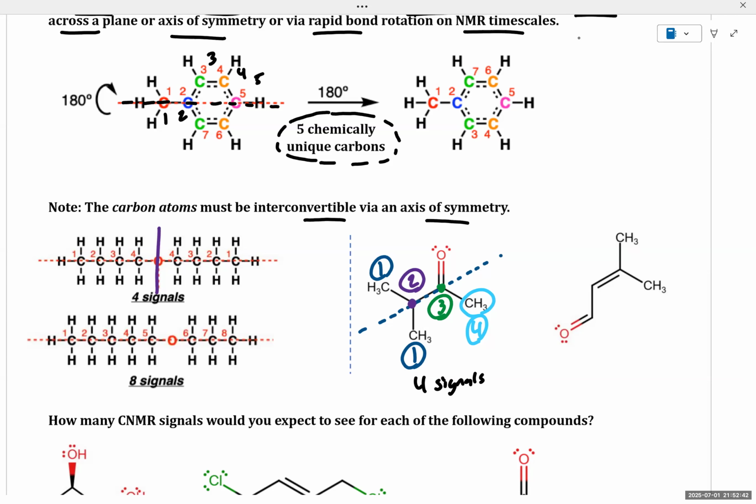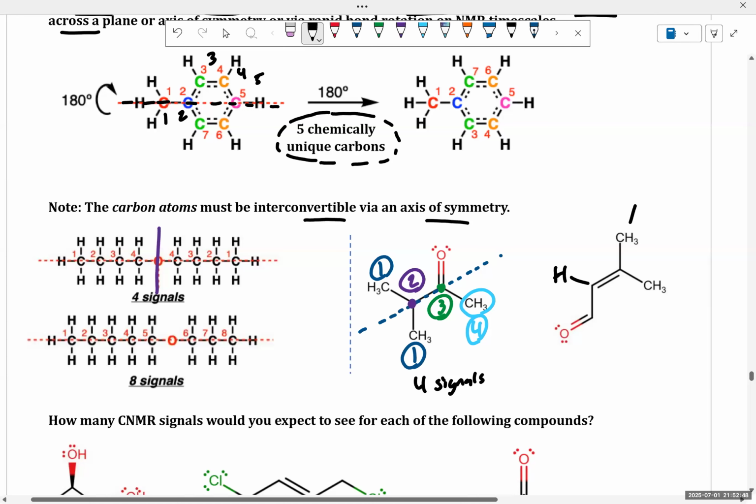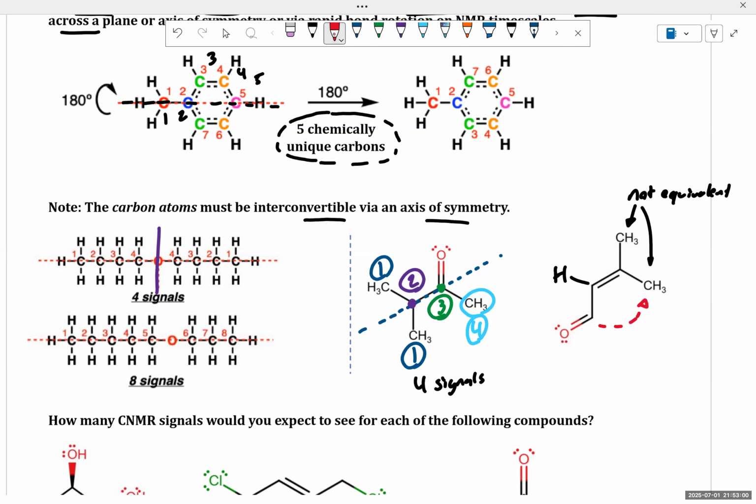By comparison, if we look at this compound, these carbons are not equivalent. The reason being is across this alkene, we see that one of these carbons is cis to our aldehyde, while the other carbon is trans.